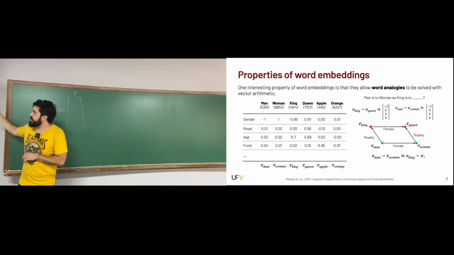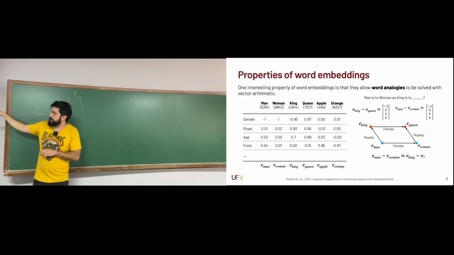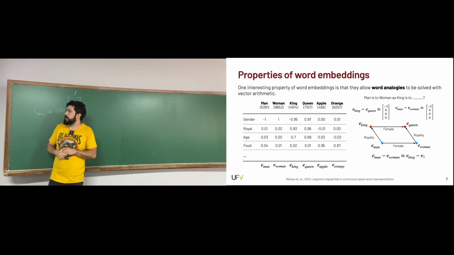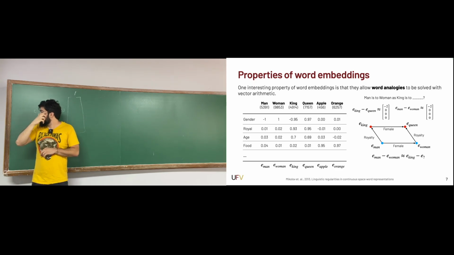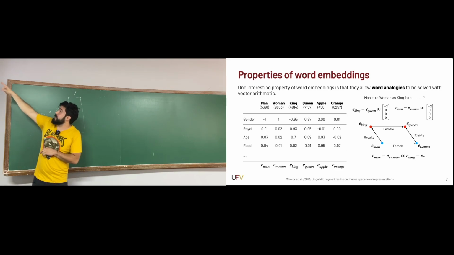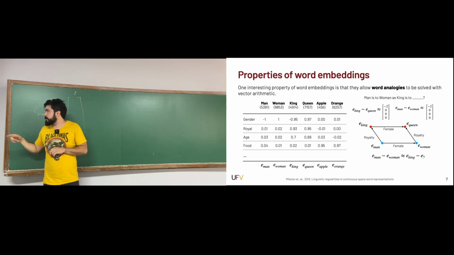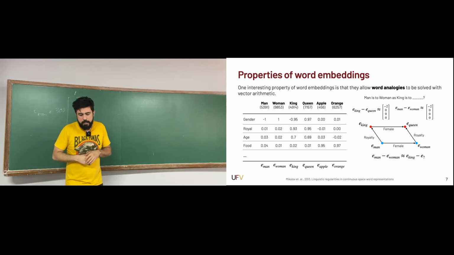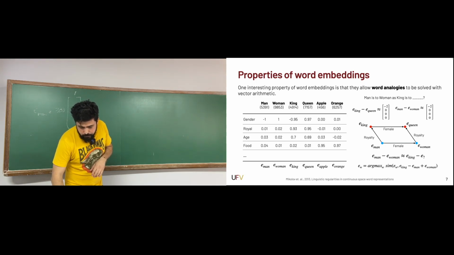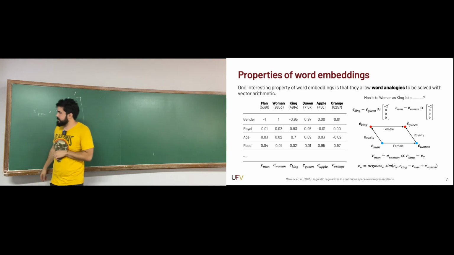And here, just for the sake of the example, let's come back to the example you're seeing here. If I want to find the word queen, I would have to solve this equation: E man minus E woman equals E king minus E question mark. I can just solve this equation exactly.